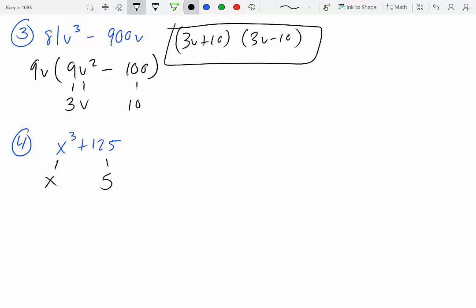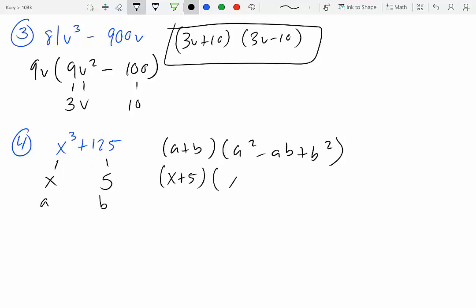And we're adding, so we use our formula of a plus b times a squared minus ab plus b squared. So our a is x, our b is 5. We have x plus 5, x squared, minus a times b, so x times 5, plus b squared, which is 5 squared. Simplify, so we have x plus 5 times x squared minus 5x plus 25.